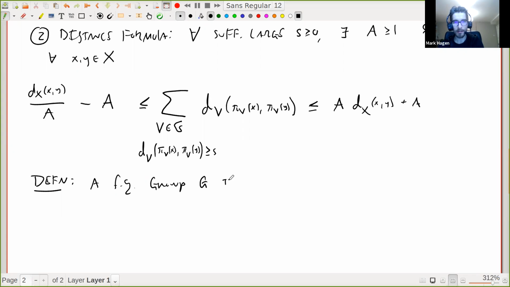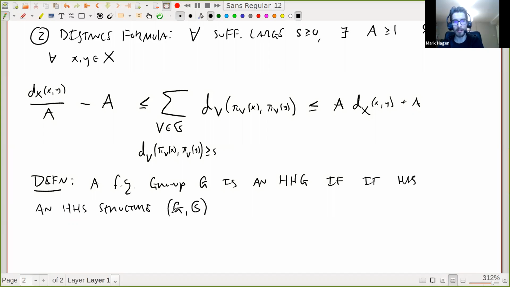So a finitely generated group G is an HHG, a hierarchically hyperbolic group, if, well, so first of all, if it has an HHS structure. So when I say that, I mean put some word metric on G, and then there's some collection of hyperbolic spaces and projections and all the other stuff that makes the group with that word metric a hierarchically hyperbolic space.